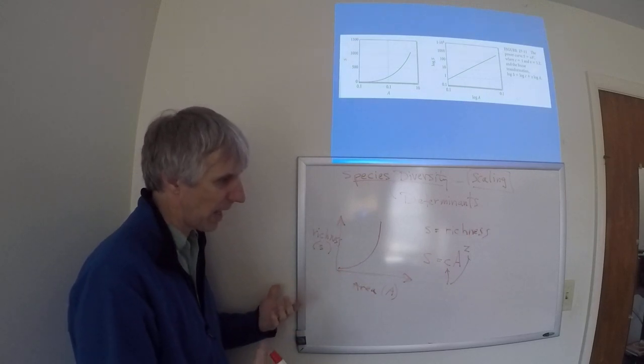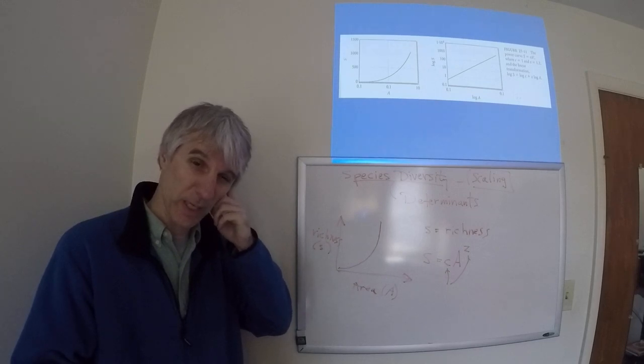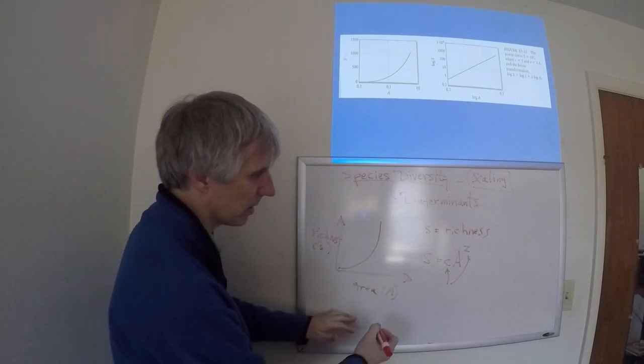Those of you from lab know the trick of taking an exponential and log transforming it to a line, and that's what we're going to go ahead and do here.